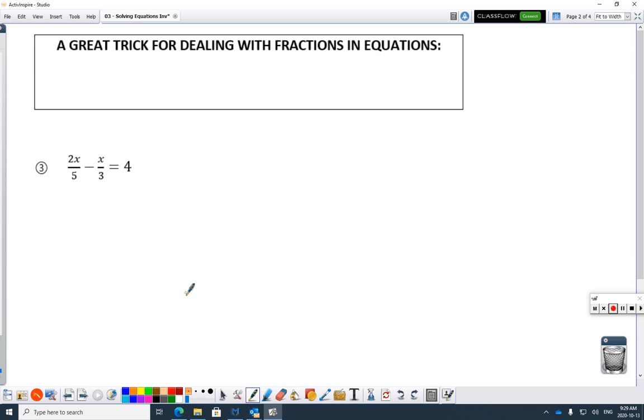A great trick for dealing with fractions in equations. Here it is. I want to say it in the fewest number of words as possible.